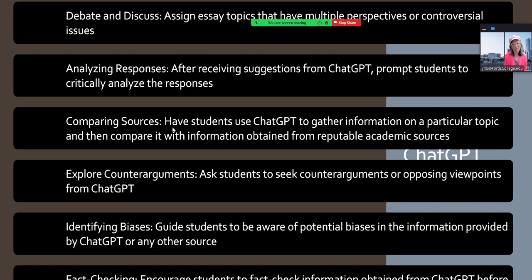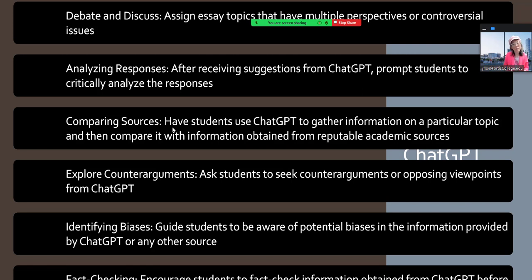In other words, not all of the facts of ChatGPT are factual, are accurate. And so students still have to double check to make sure that the facts that they get from ChatGPT are actually accurate. That's why I have students compare and double check the information that they get from ChatGPT.